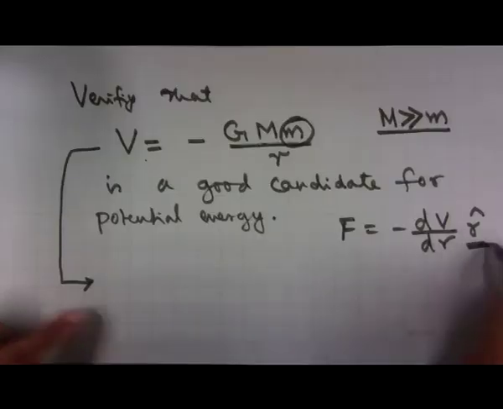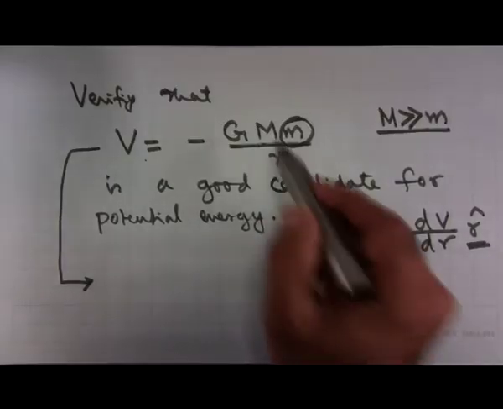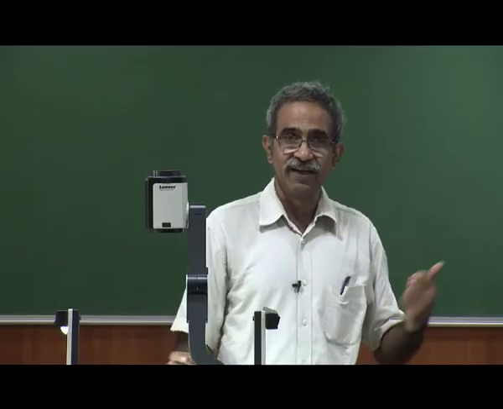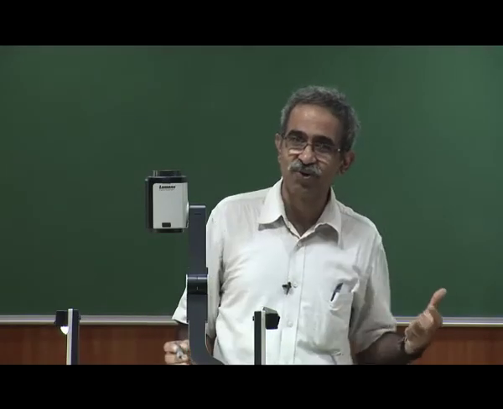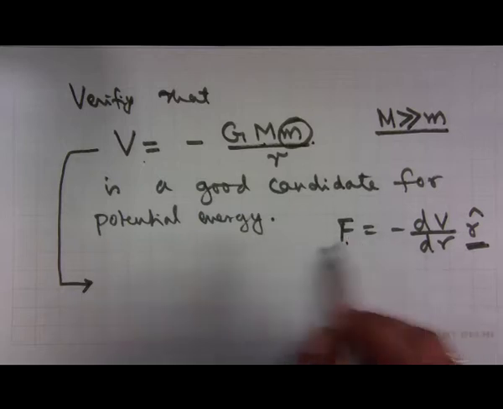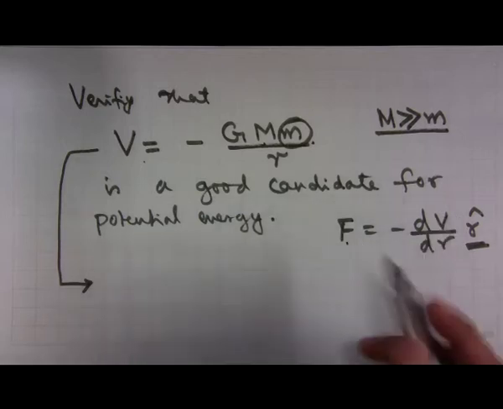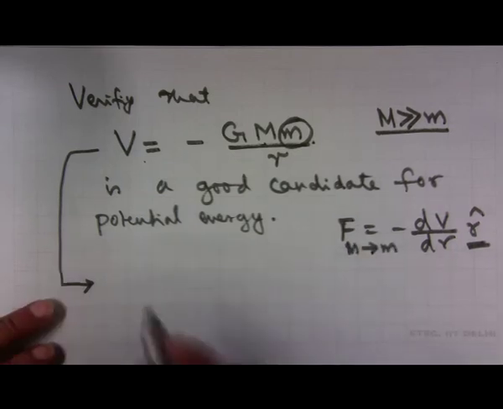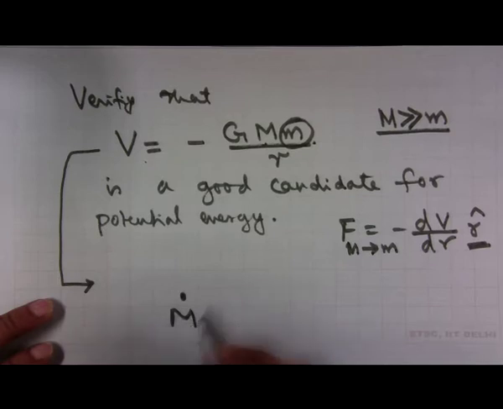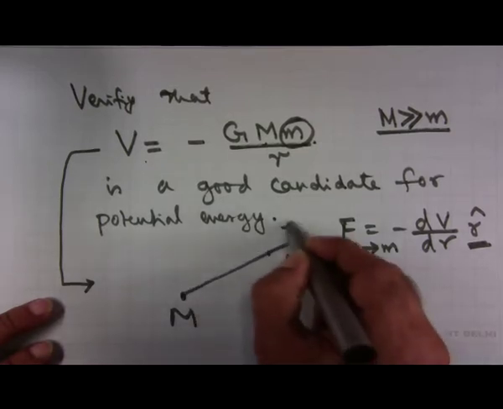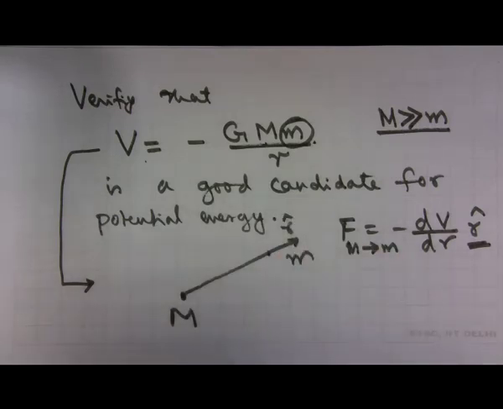So r hat is the unit vector that connects the body of larger mass to the smaller mass. The bigger mass is pulling the smaller mass towards it. This is the force exerted by the larger mass on the smaller mass. So I can employ my usual notation: I have my larger mass, I have my smaller mass, and I denote the unit vector like this.